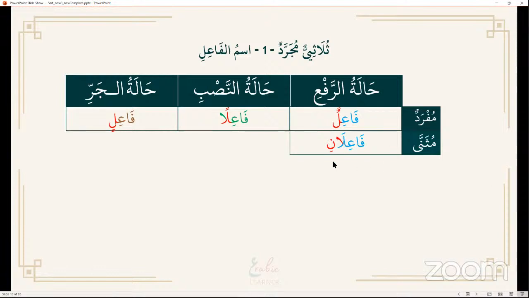Muthanna, fa'ilani. In halatul nasb, what will be? Fa'ilaini. Good. What about halatul jar? Fa'ilaini again. Okay.